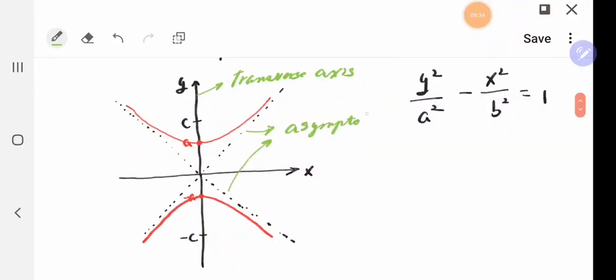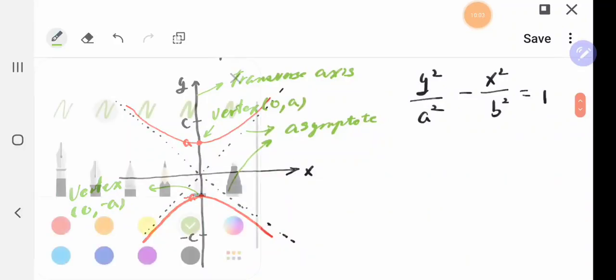An asymptote is the line the graph approaches, and these two are the vertices. So this is vertex 1, this is another vertex. The vertex at the bottom is x equals 0, y is negative a. The upper vertex is x equals 0, y is positive a.